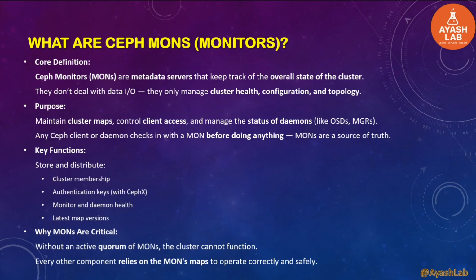Everything is being monitored by the Ceph monitors. So the Ceph MONs are very crucial. We have to always check that the monitor should not be down, it should always be up.